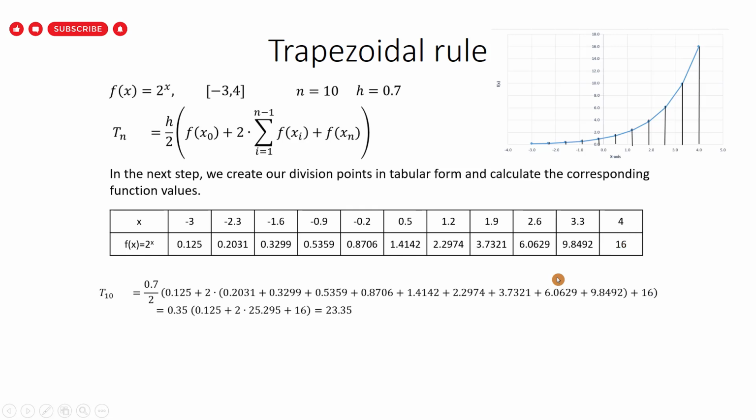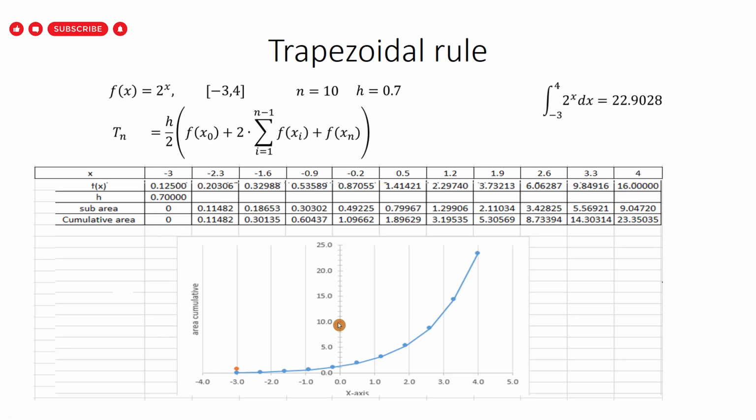Let's simplify more. 0.7 divided by 2 equals 0.35, and we put 0.125 as it is. Then 2 multiplied by the summation of the intermediate y values equals 25.295, plus 16. The result is 23.35.